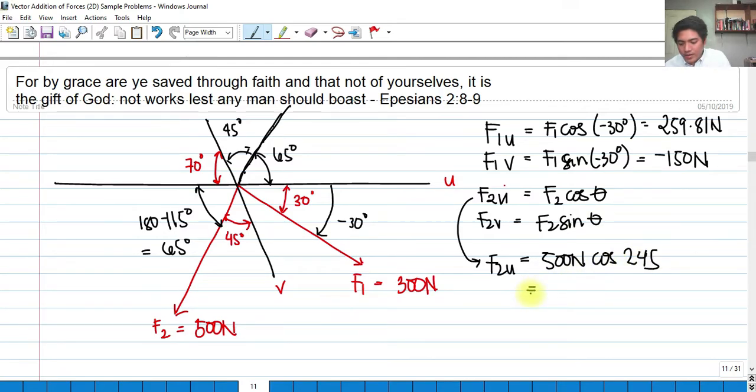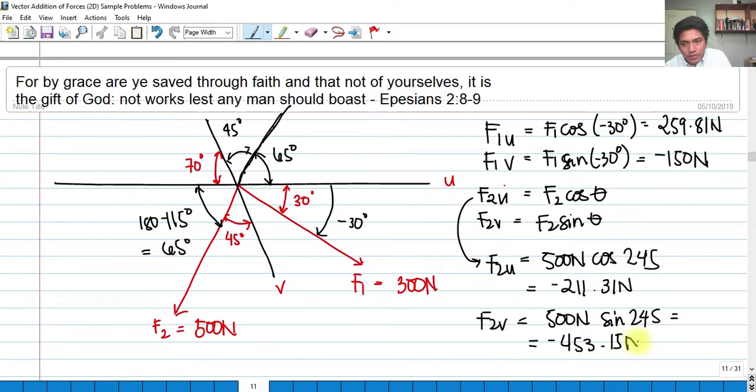We're going to get that 500 cosine of 245 should be negative 211.31 newtons. And the same for F2V, that is 500 sine 245, we have negative 453.15 newtons. So this is our F2U, F2V.